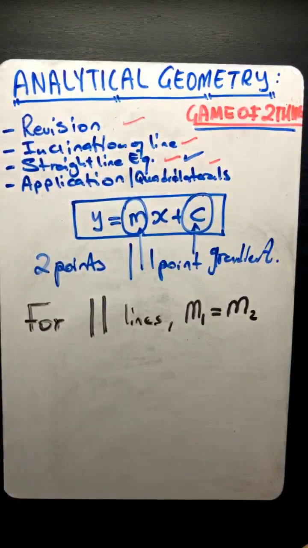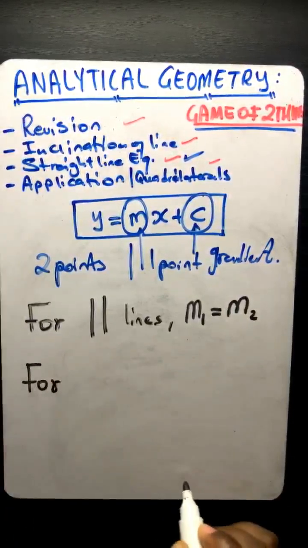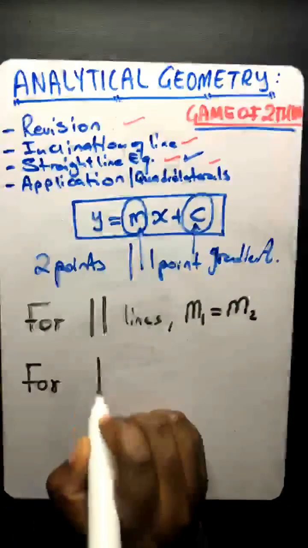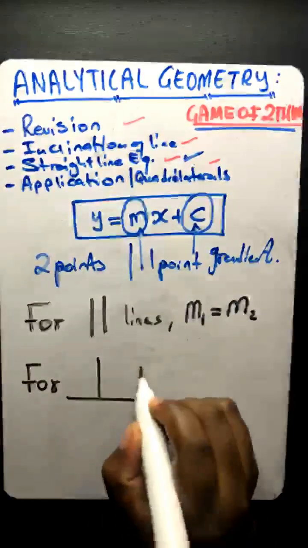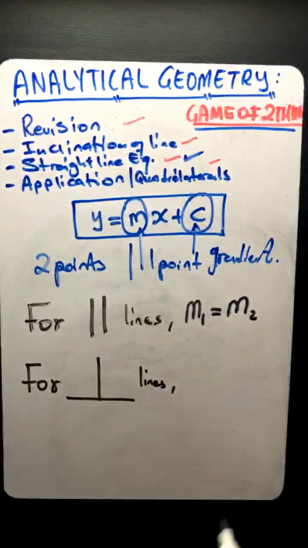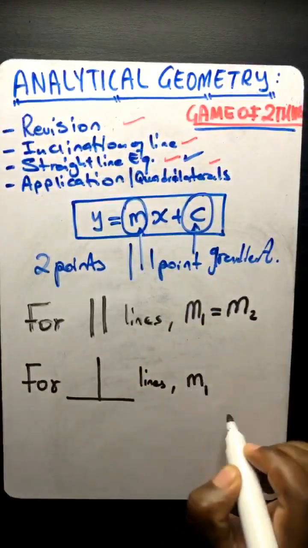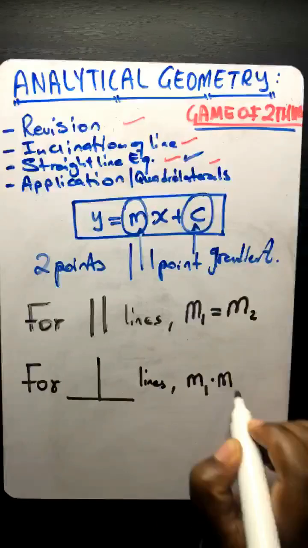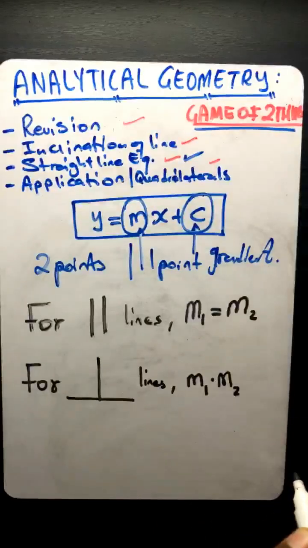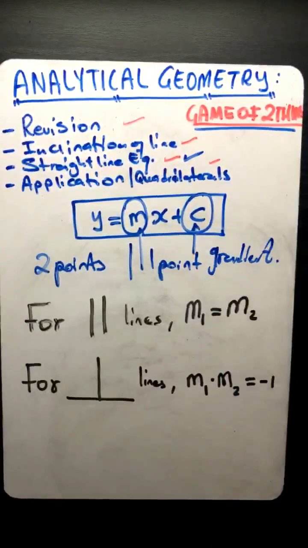This is what they say for perpendicular lines: the gradient of line 1, when you multiply it with the gradient of line 2, is always going to give you -1.